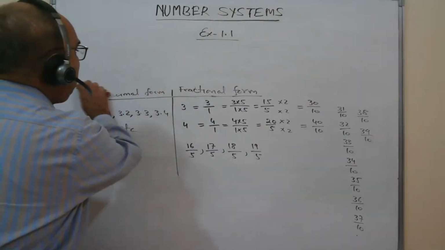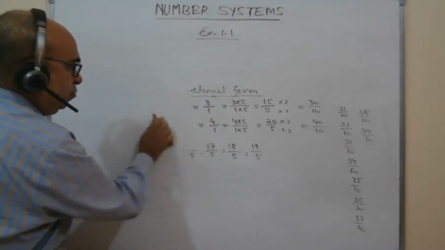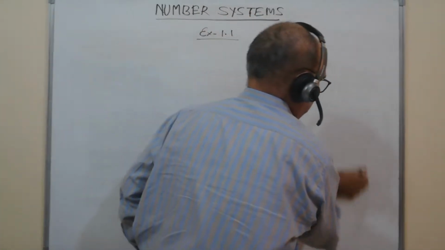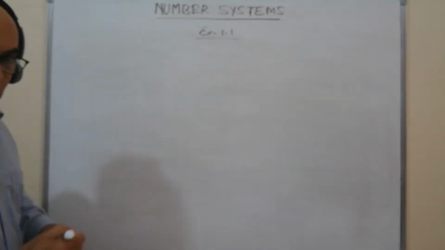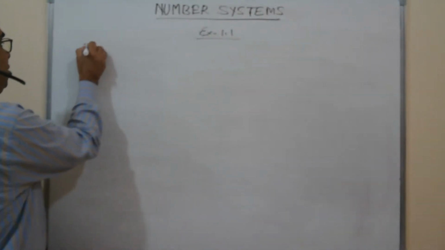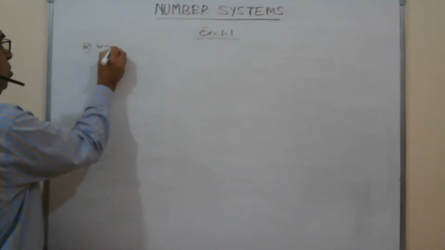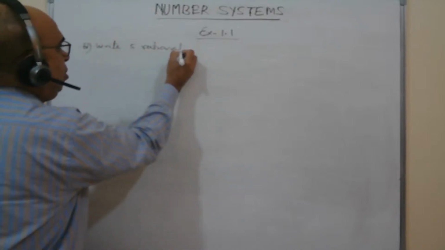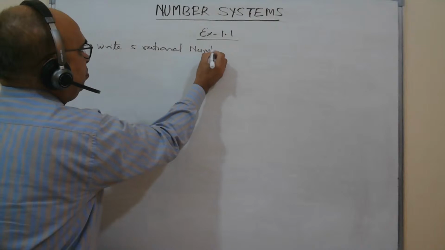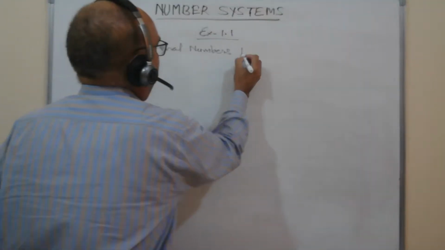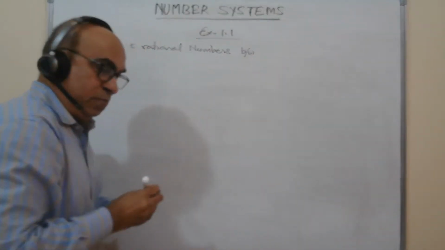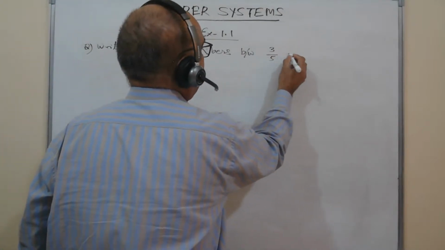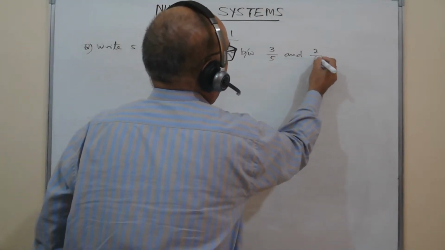Now the next question, it is an extra question. Write 5 rational numbers between 3 by 5 and 2 by 7.